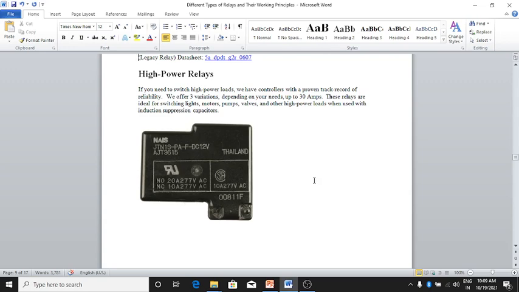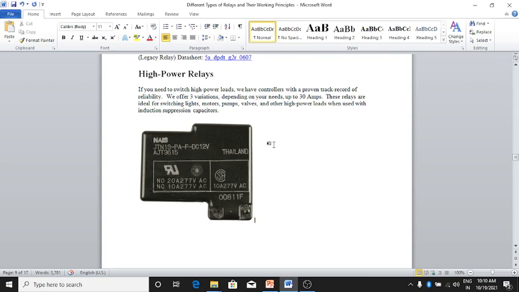If you need to switch high power loads, they have controllers with a proven track record of reliability. We offer three variations depending on your need up to 30 amperes. These relays are ideal for switching lights, motors, pumps, valves, and other high power loads when used with induction suppression capacitors.